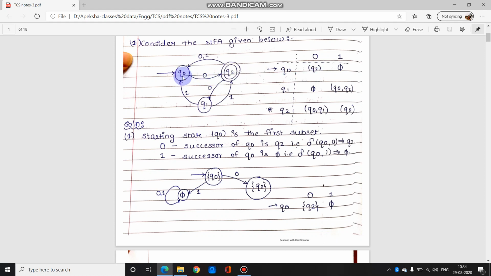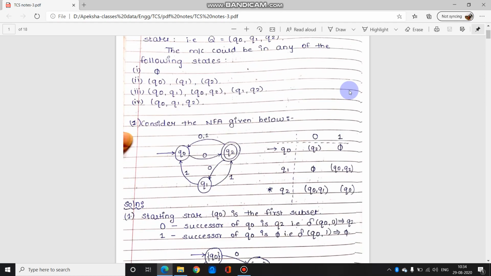Q0 पे अगर 1 आता है then you see there is no transition, which means अगर Q0 पे 1 आ रहा है it is going to the null state, failure state. Next state is Q1. So again Q1 पे 0 आता है तो there are no transitions for 0, so it is going to the failure state. Q1 पे 1 आता है then it is going in Q0 state and Q2 state both. So Q1 पे अगर 1 आता है तो it will go to Q0 and Q2 state.